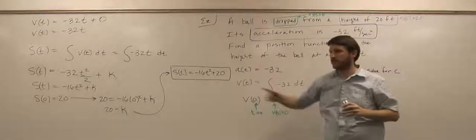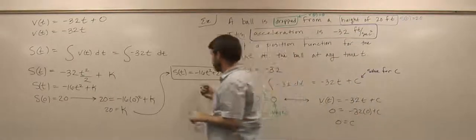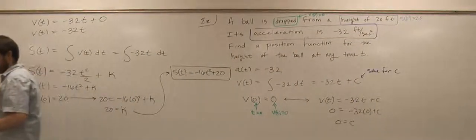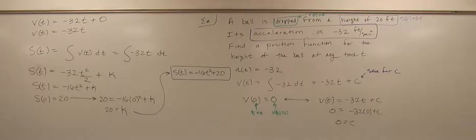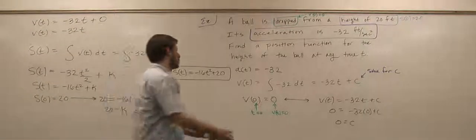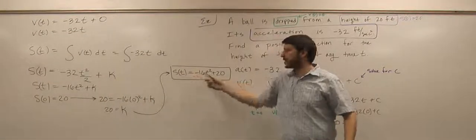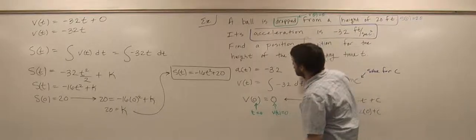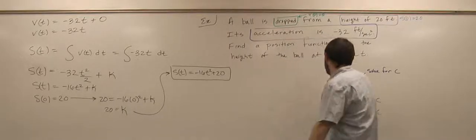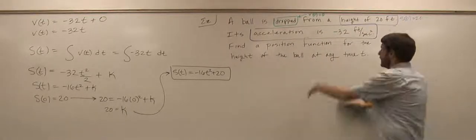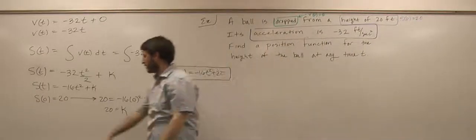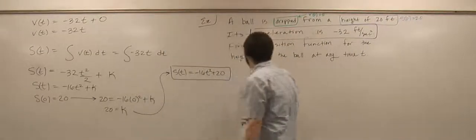And you could find the position of the ball. So this tells you the height of the ball at any time t. So, follow-up question. I'm going to ask you this, you do it.